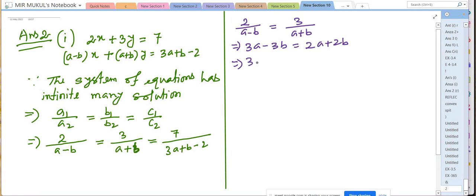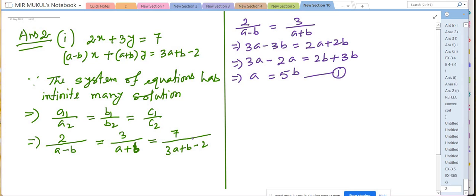So 3a minus 2a equals 3b, and if you bring this side, 2b plus 3b. So what we are getting? a equals 5b. This is the first equation.